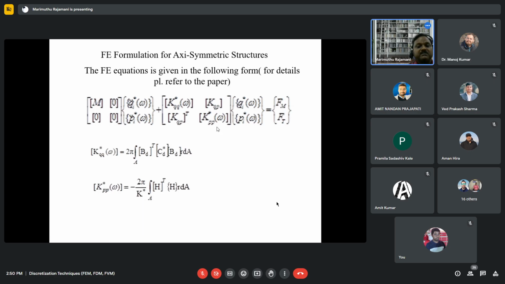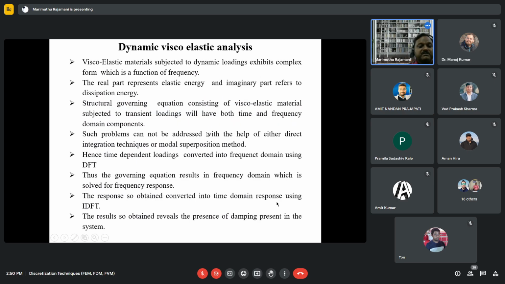You cannot solve it. You have to bring uniformity in the structural equations, the equilibrium equations. For that purpose, the applied transient load, which is in the time domain, is transformed to the frequency domain through Fourier transform. Once you transform, both the equations are in the same domain.